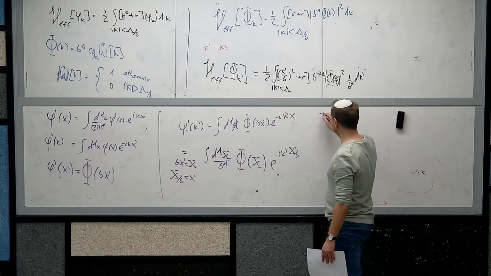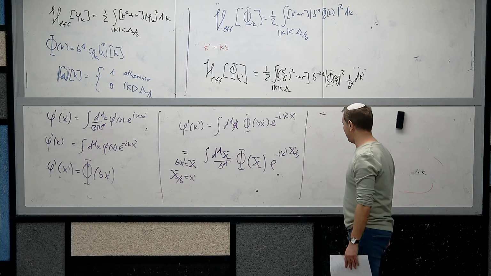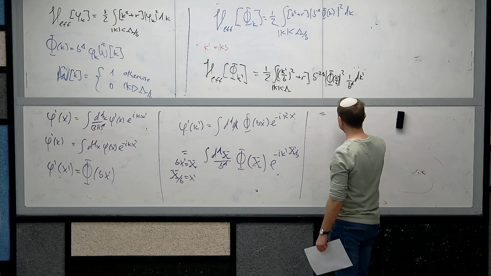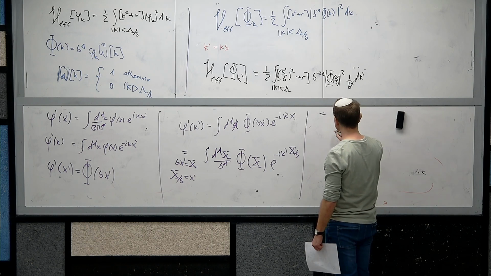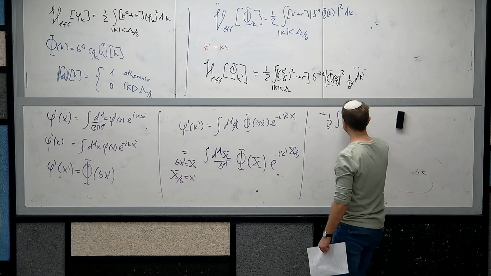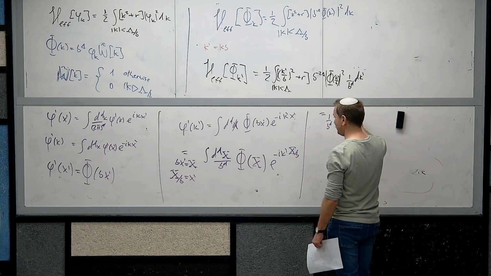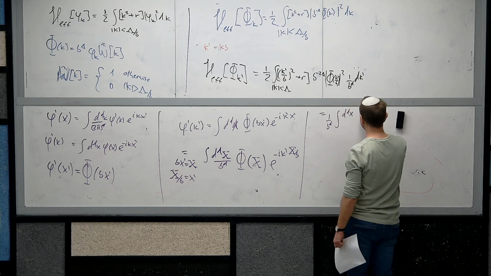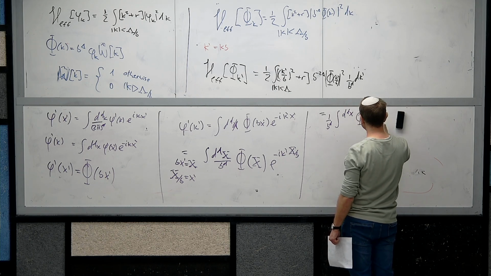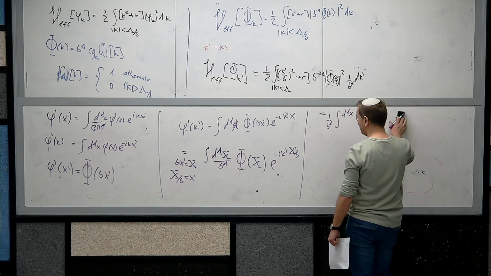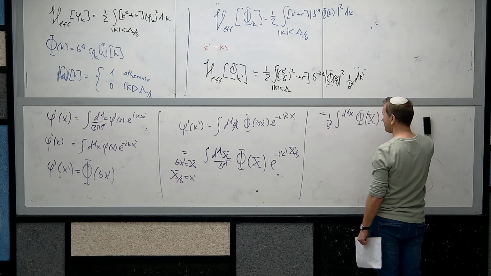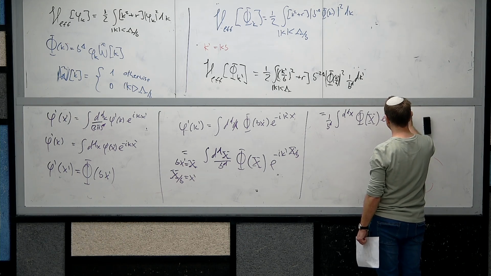The next step is to recognize the following. It is an integral 1 over b of d dx phi of x multiplied by e to the power minus i k prime divided by b of x.